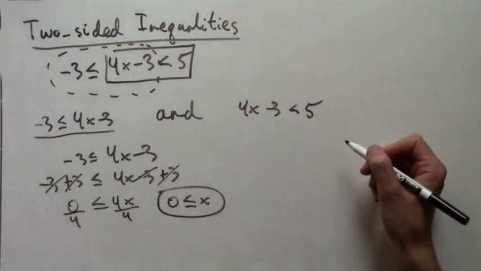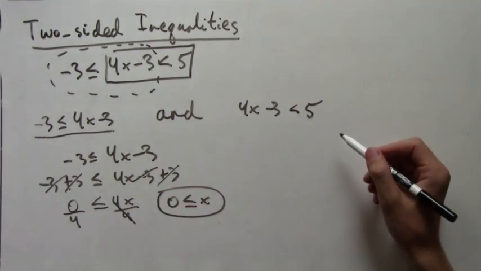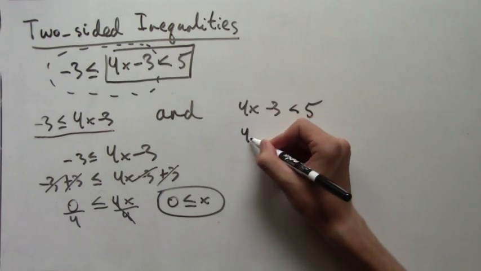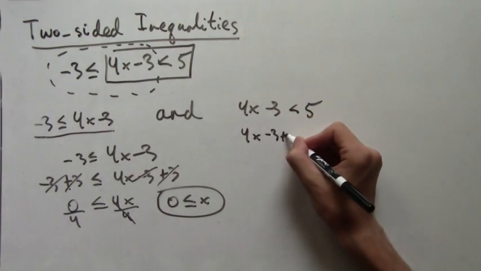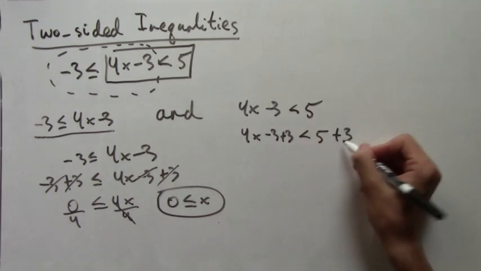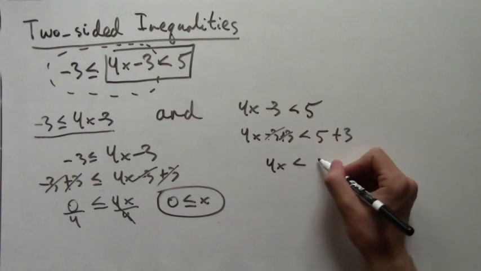we will also need 4x minus 3 less than 5 to be true. So now we should solve this inequality as well. We add 3 on both sides because we want to isolate the variable x. So we get 4x less than 8.